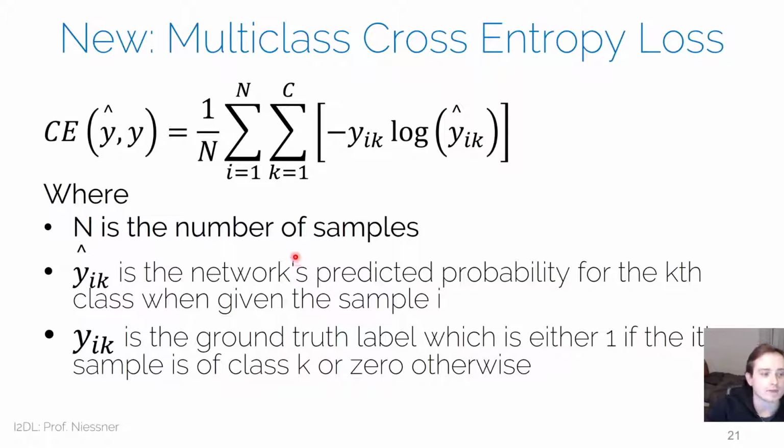Here you have C classes, and your model predicts not a single scalar between 0 and 1, but C scalars, each one the probability that this data point belongs to the respective class. And then you just take the argmax, and that is the class it belongs to.